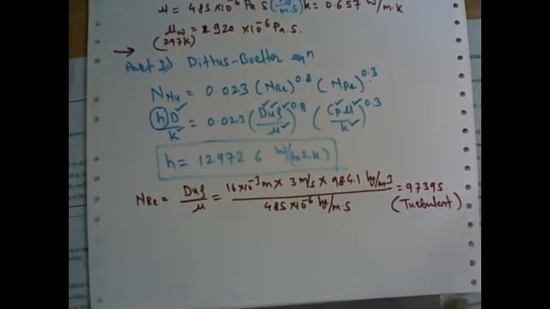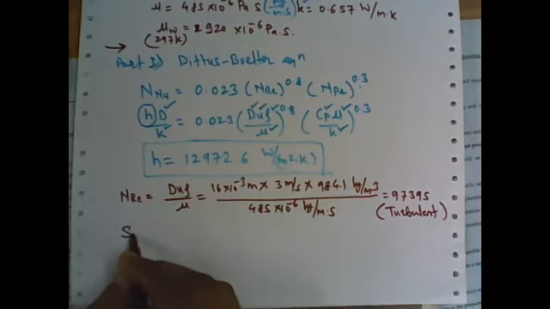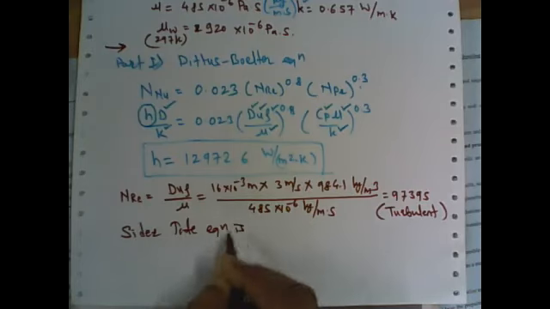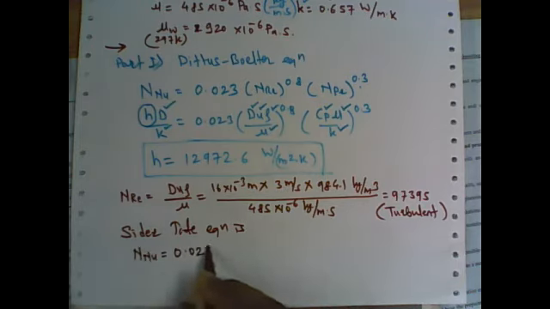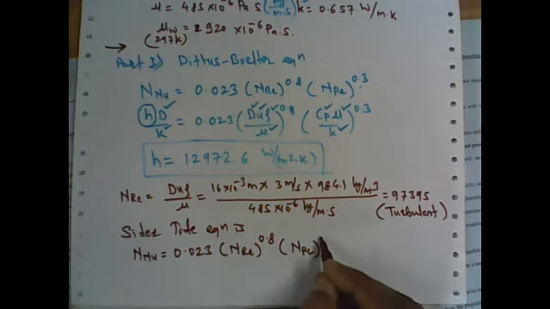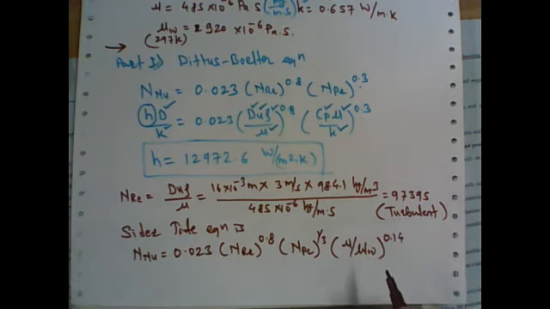For turbulent flow, the Sieder-Tate equation is Nusselt number is equal to 0.023 NRE raised to 0.8, NPR raised to 1 by 3, and mu by mu W raised to 0.14, right?